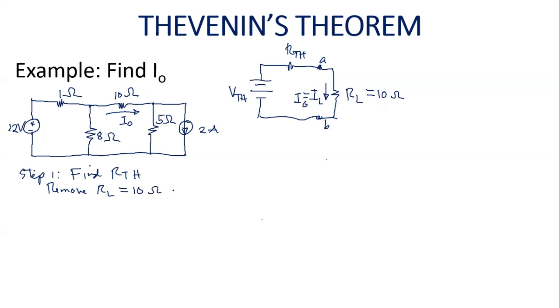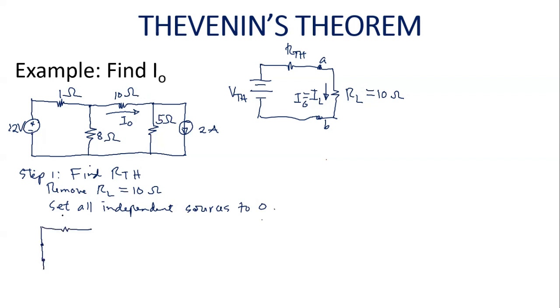Remove RL and leave the terminals open, and then set all independent sources to 0 and draw the equivalent circuit. So we have the voltage source replaced by a short circuit.